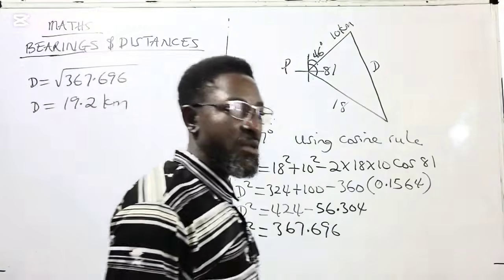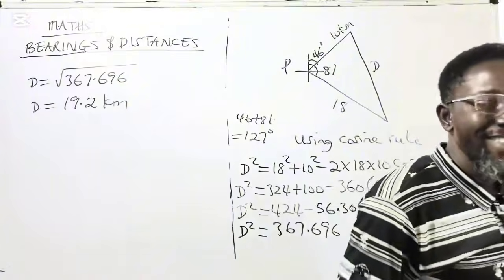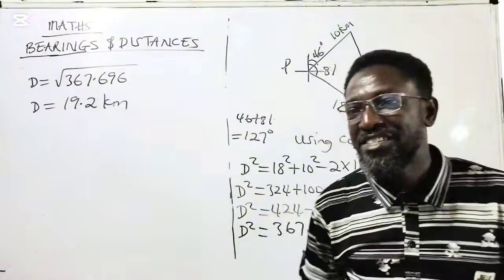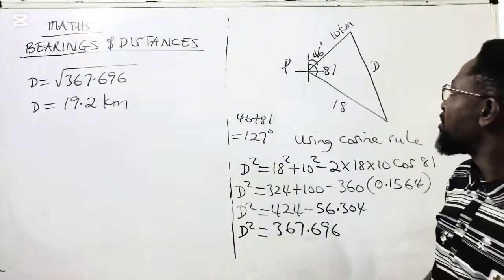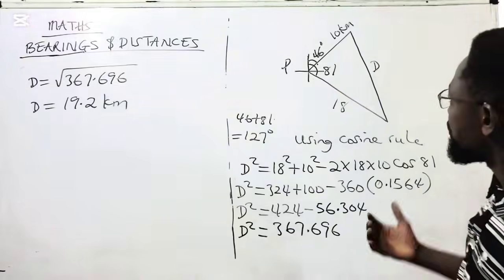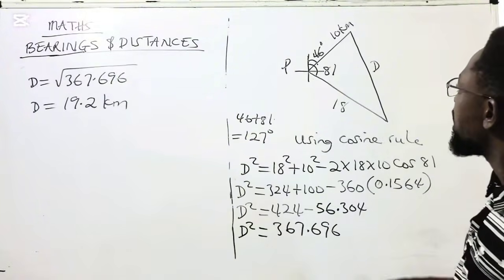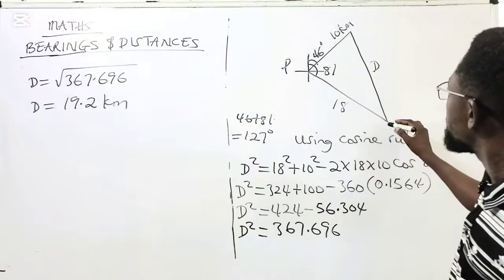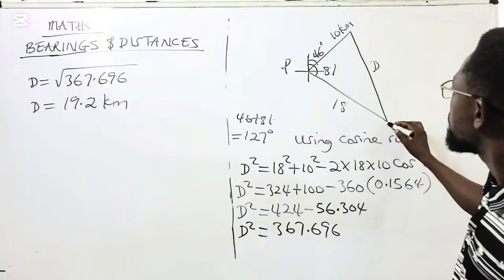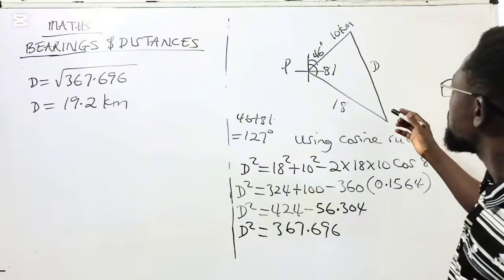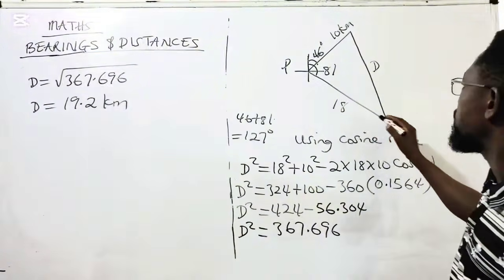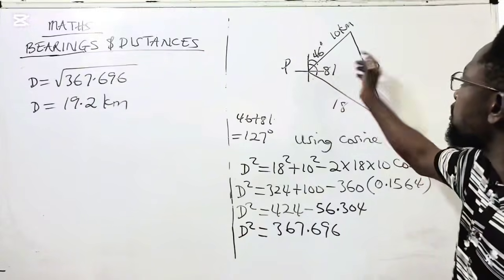So 19.2 kilometers approximately. It is not something that is difficult. If I ask you to calculate the bearing from the starting point, that would now be the bearing of this ship from the starting point, that's really this.